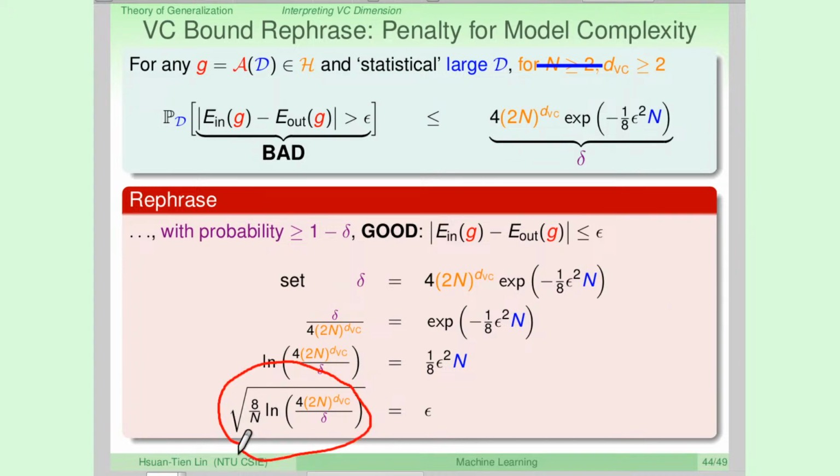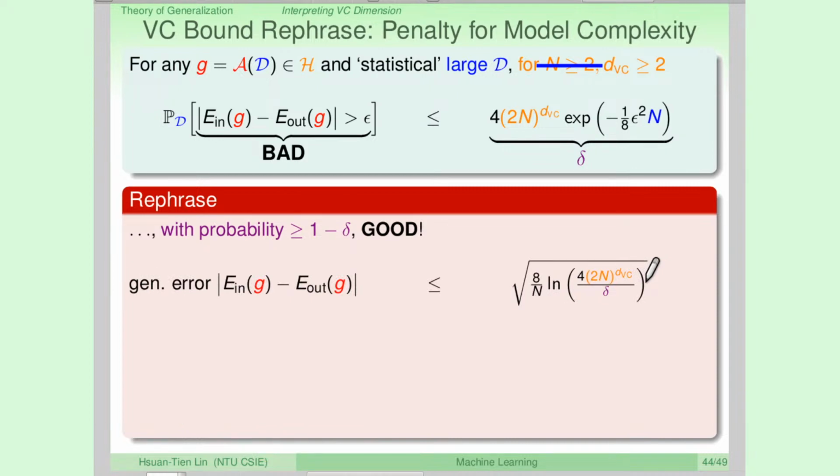So this term means, if we set a tolerance of our luckiness, how far can we guarantee E-out and E-in to be? How far can we guarantee their difference to be? So that's the tolerance that we have, or that's the price we are paying for generalization. Sometimes this is called the complexity term.